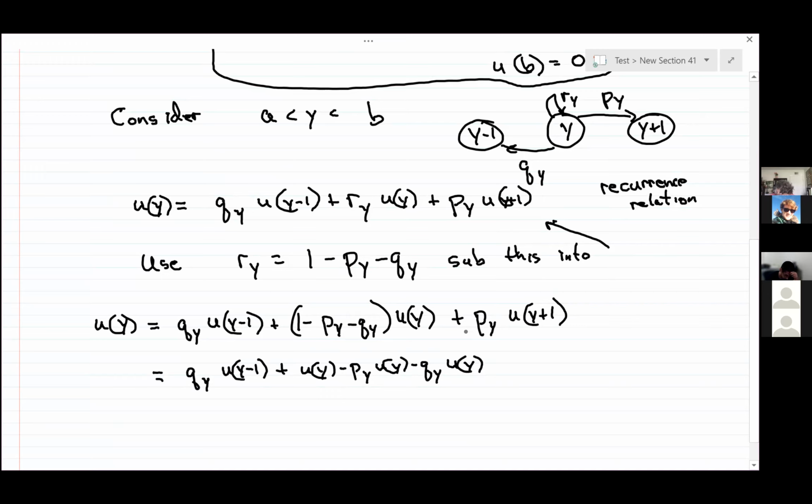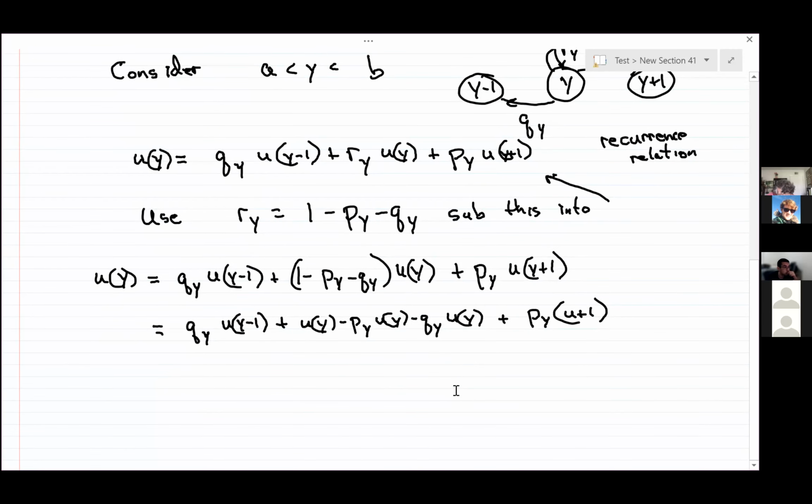So I've distributed everything there, and then just reproduce the last term as it is: p sub y times u of y plus 1. So that's just the distributive property of multiplication over addition.